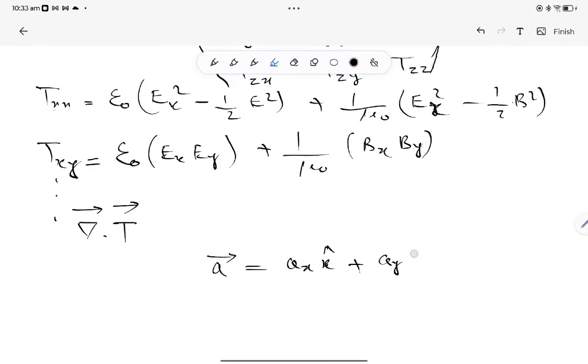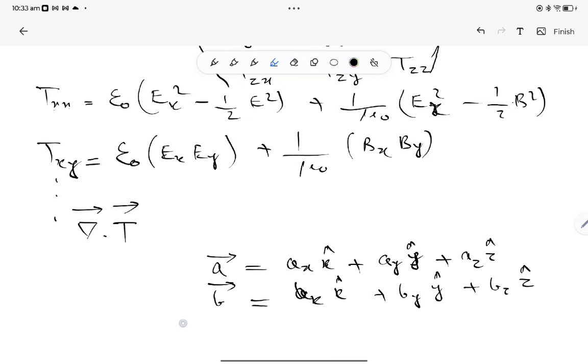Ay y cap, and then az z cap, then b is equal to bx x cap, by y cap, bz z cap. And when you take dot product, a dot b is equal to ax bx plus ay by plus az bz.